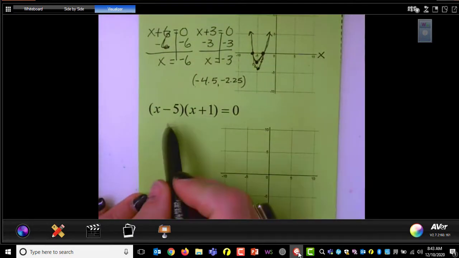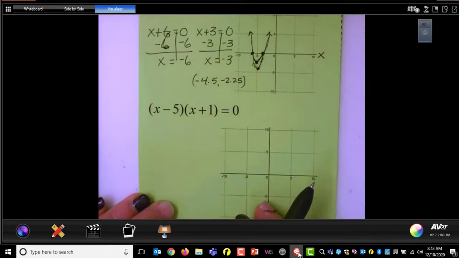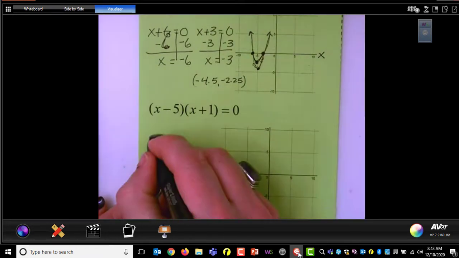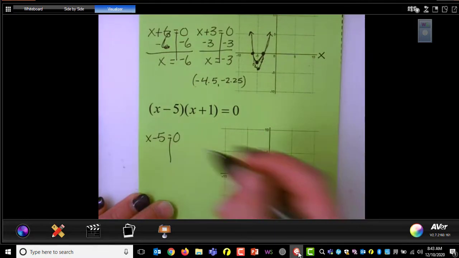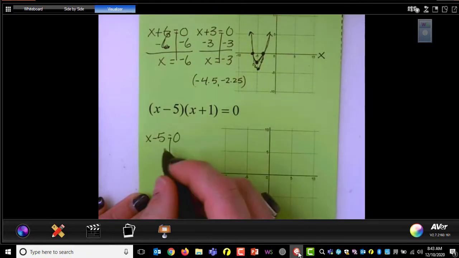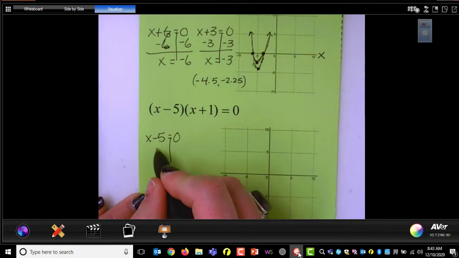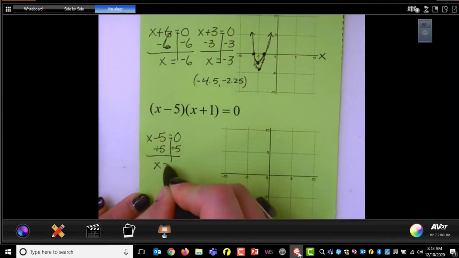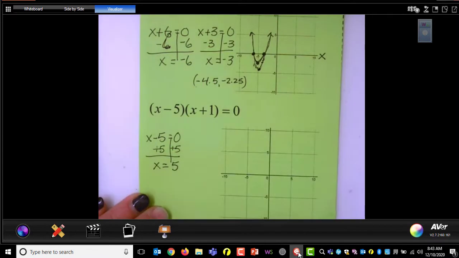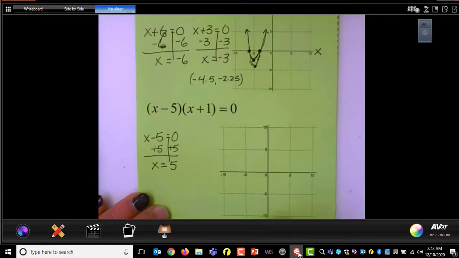Okay. Let's look at the second example. So we have already factored into two binomials. So pretty quick and easy. Now I know some of you will be able to do this mentally, but I'm just showing you the math of this. The inverse of minus 5 is to add 5. So we know one of the x-intercepts will be at 5.